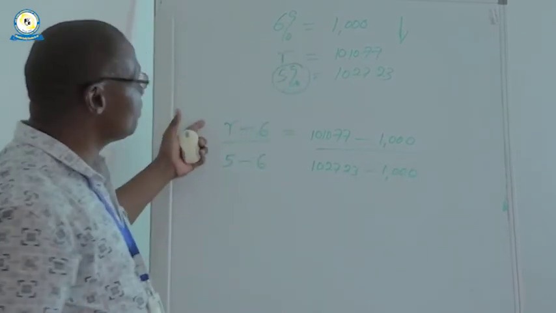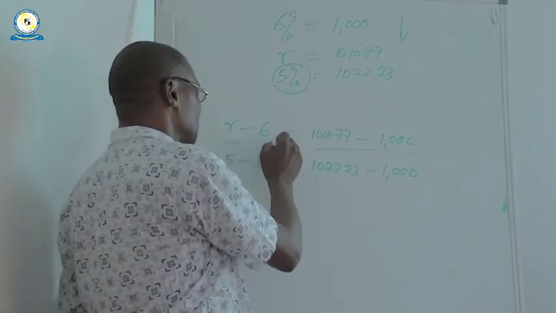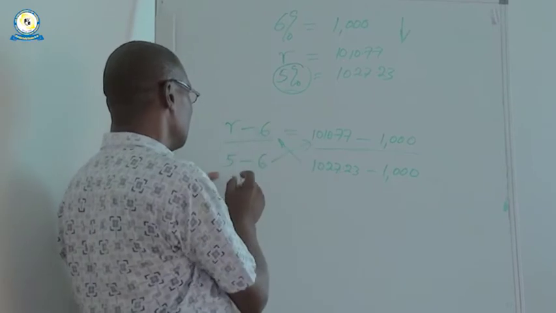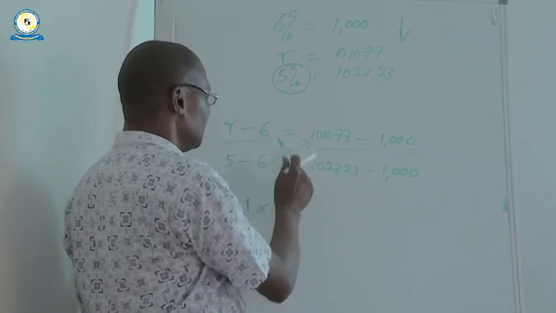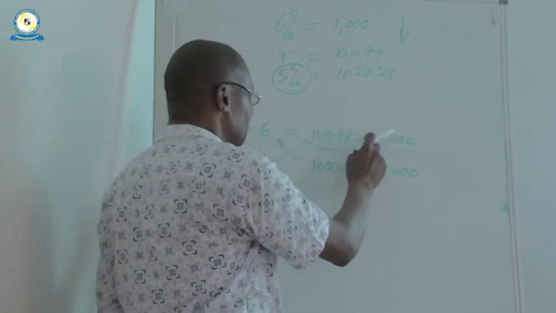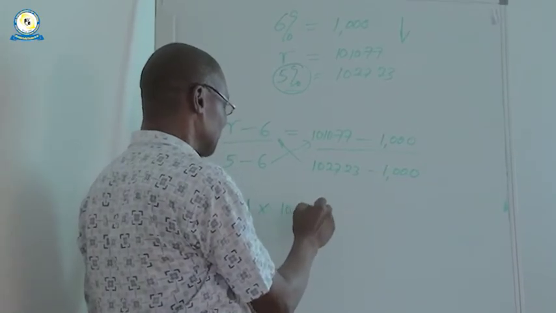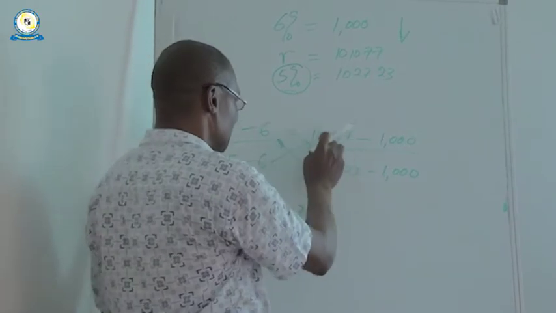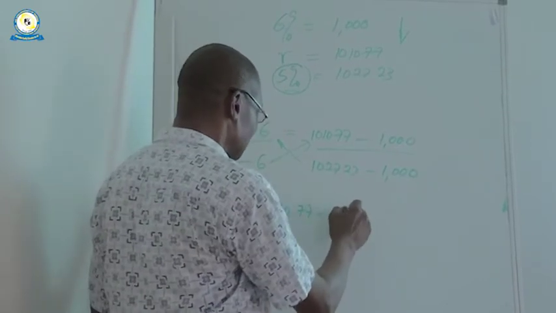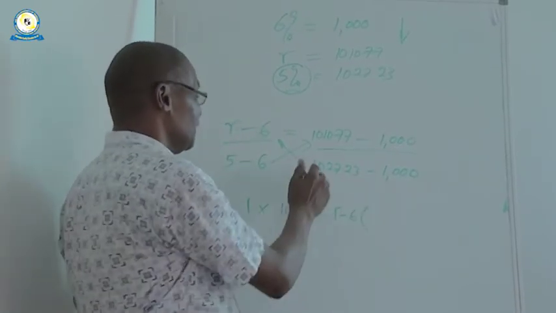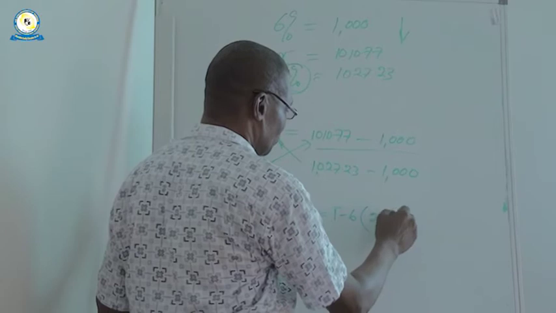Now here you can use a mathematical technique to find R by cross multiplication. So you take 5 minus 6, which is minus 1, times the difference 1,110.77 minus 1,000, which is 110.77, which is equal, on this side, to R minus 6 times the difference here, which is 27.23.